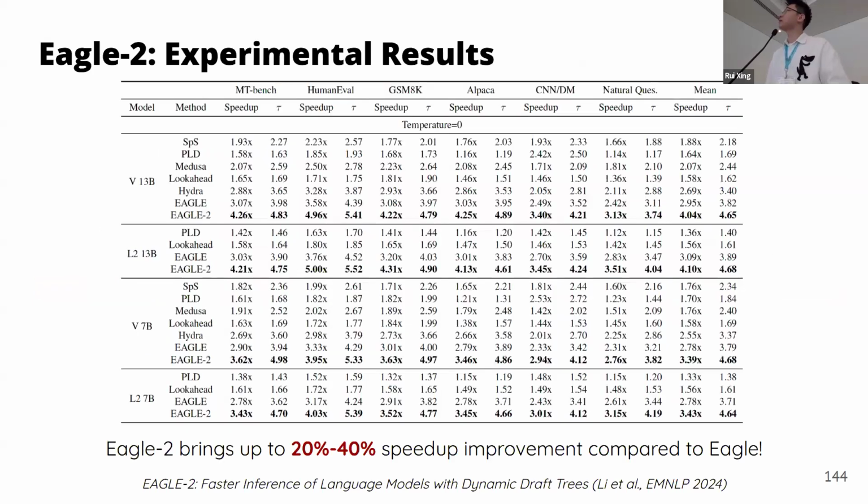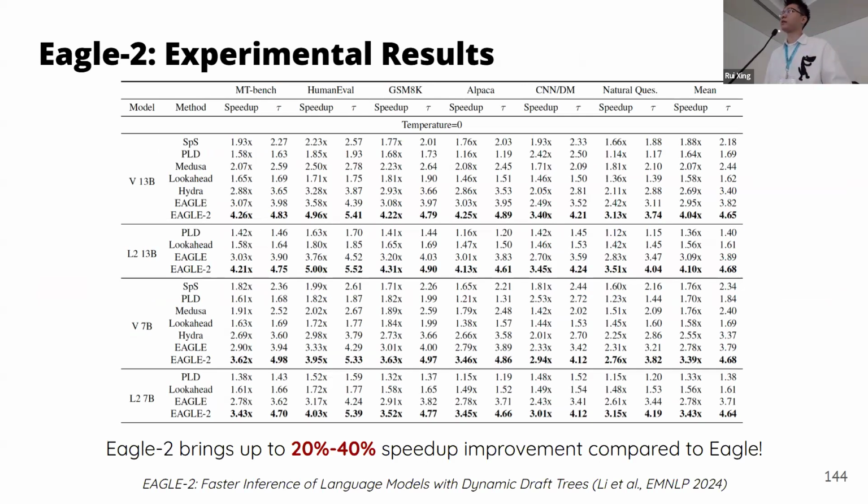So here are the experimental results of Eagle 2. We can see that compared to Eagle 1, Eagle 2 brings a 20% to 40% speed up improvement. Eagle 1 was the previously state-of-the-art method in speculative decoding. We should note that Eagle 2 is quite an elegant idea, right? Because it does not require extra training of the original model.